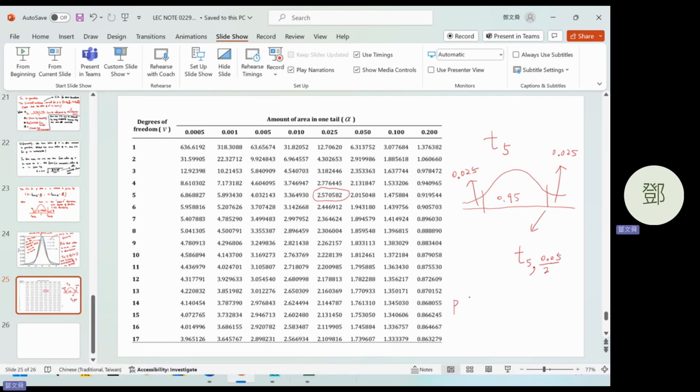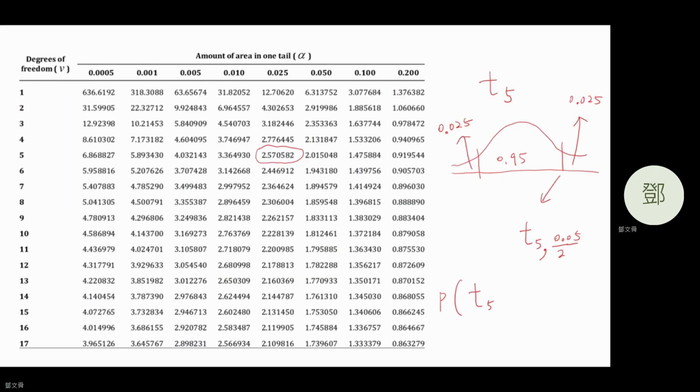And this means that P with a degree of freedom 5 bigger than 2.570582 is 0.025 equivalently. All right.